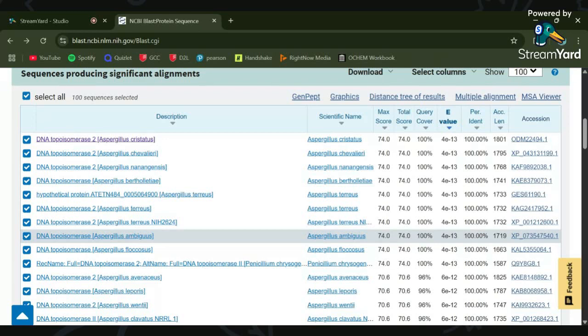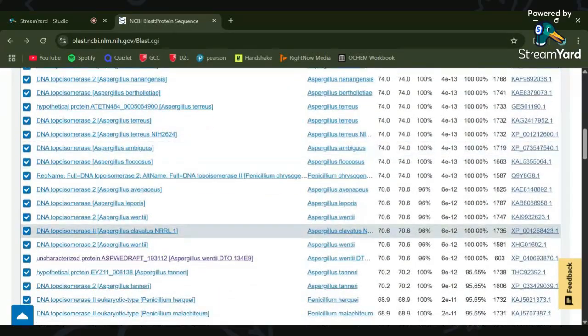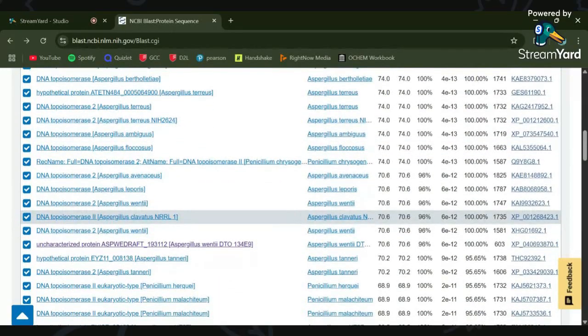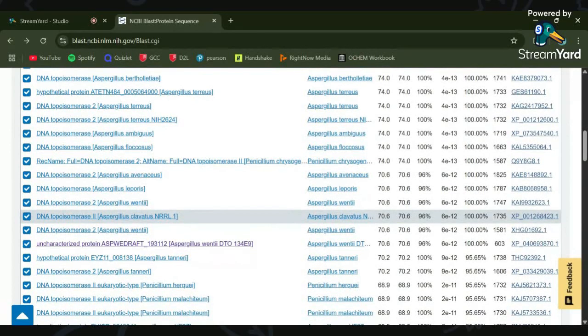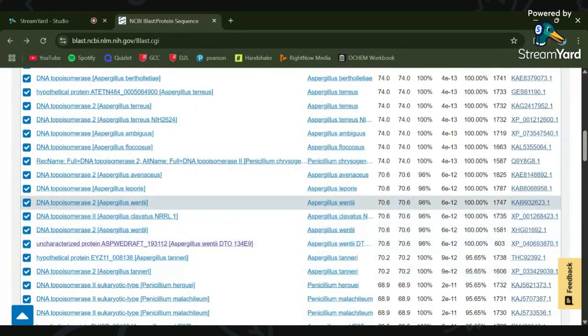Let's go down where it says, okay, we have some that have, do you see that column that says percent identity? I wish they had the title of the column. That really is a similarity. So there's one like 95.65. Let's scroll down all the way down.